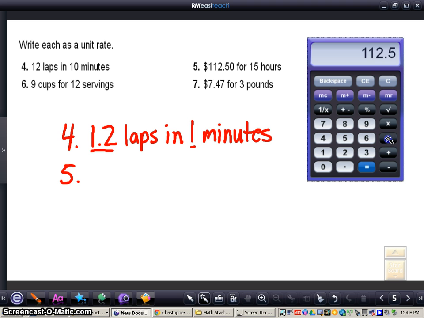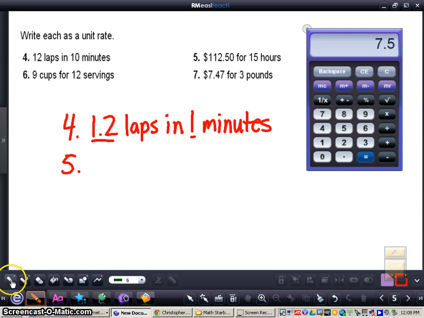We're going to divide 112.5 by 15. That gives us $7.50 per hour, so $7.50 for 1 hour.